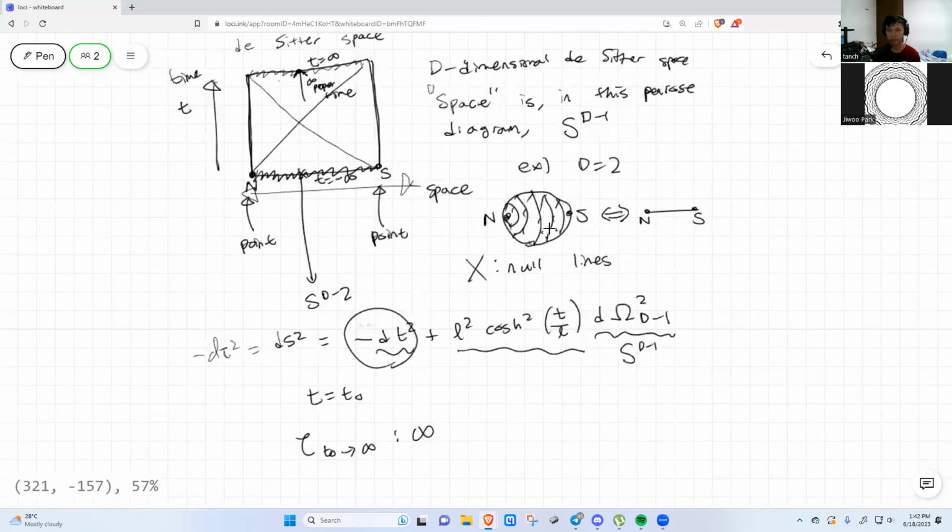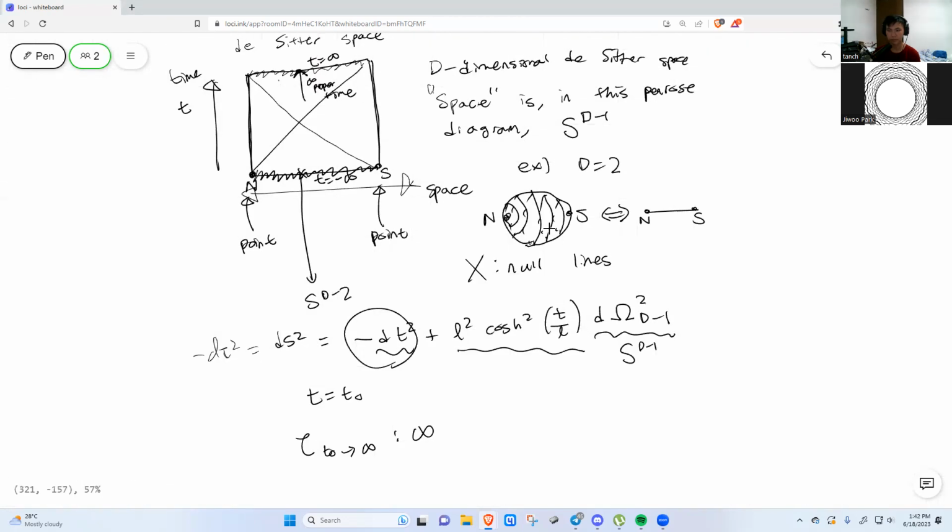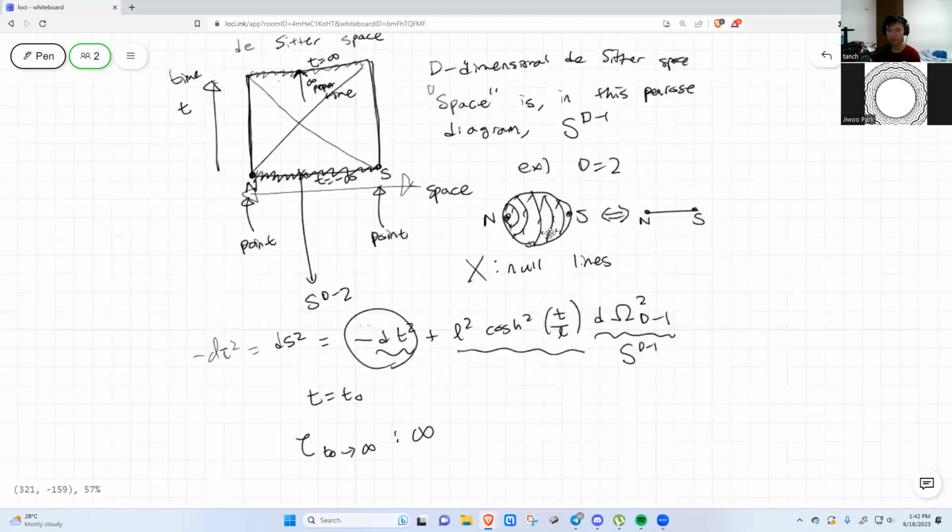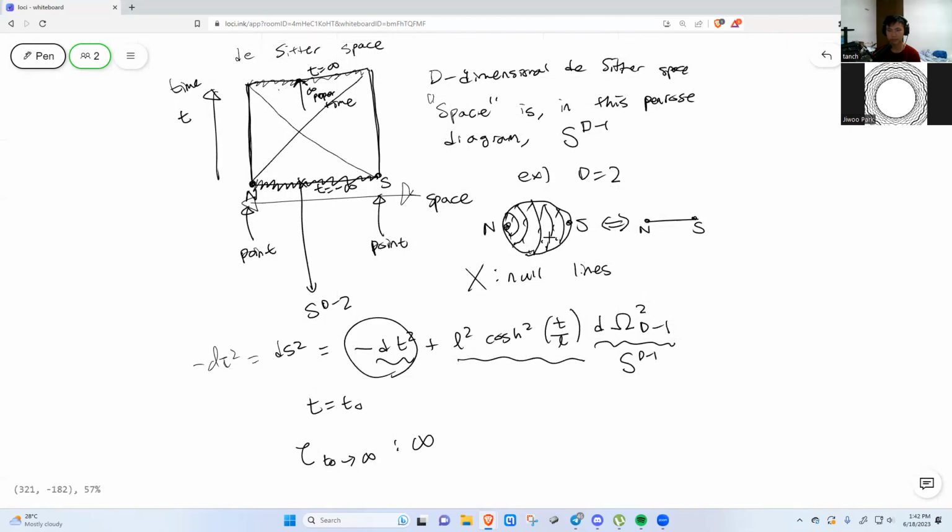At the very top and the very bottom of the Penrose diagram, space and time have been infinitely expanded.